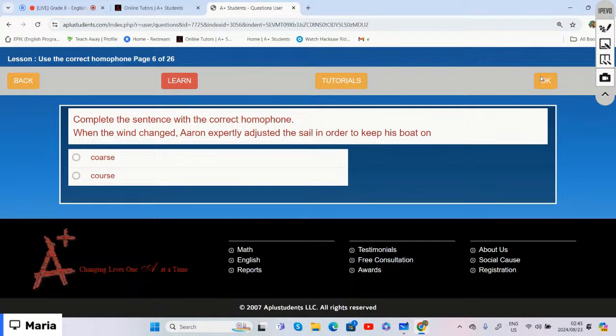All right, so when the wind changed, Aaron expertly adjusted the sail in order to keep his boat on course. Is it option one or option two?